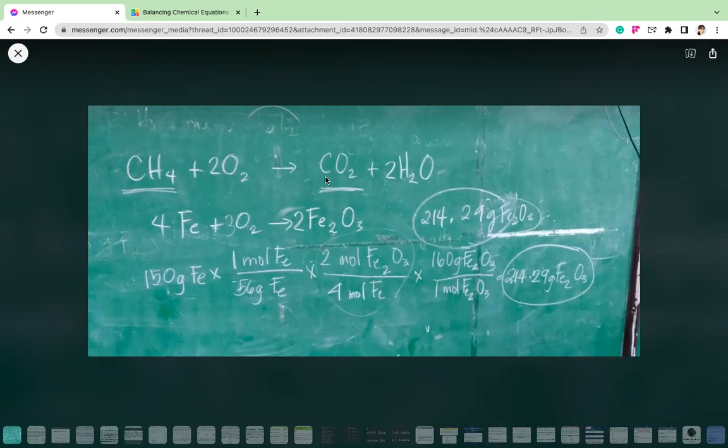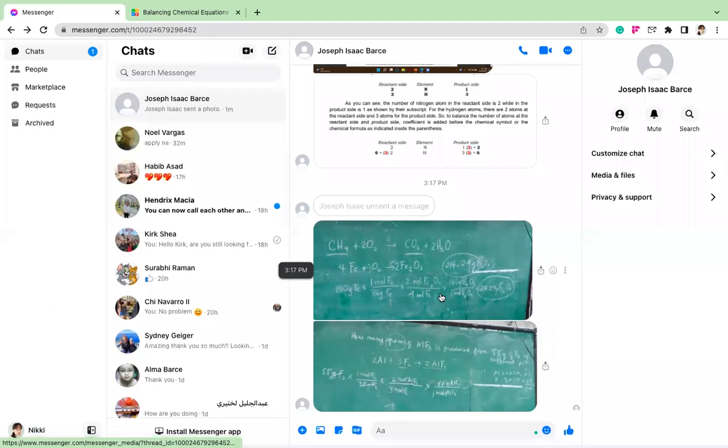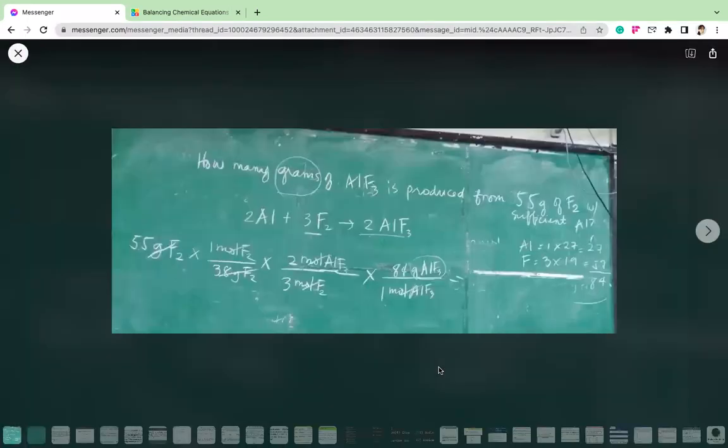Sending picture. Ayan. How many grams of aluminum fluoride is produced from... Ah, okay. Hindi to balancing. Ano to? Yes. Stoichiometry. Sige. Okay, sige.